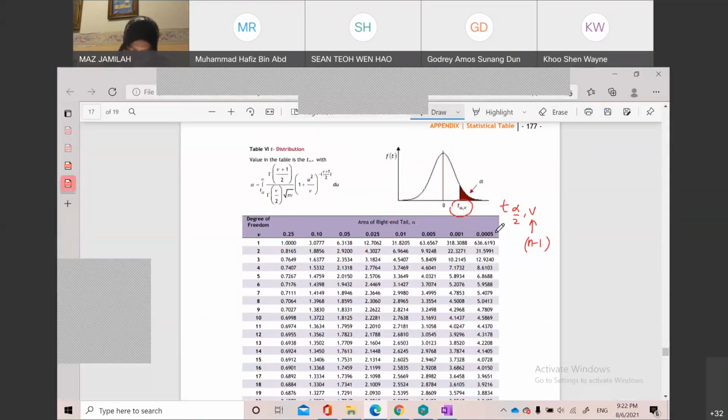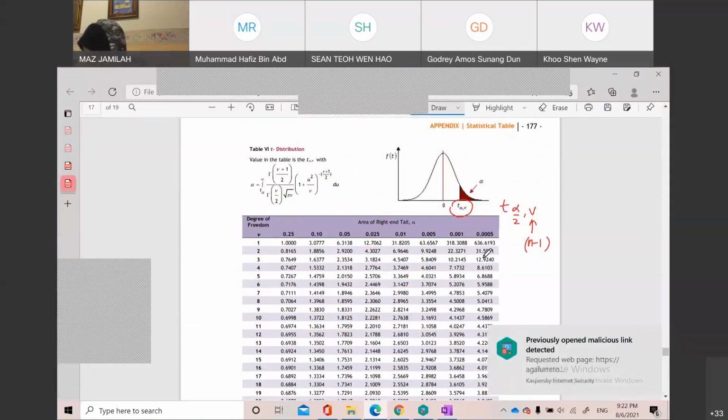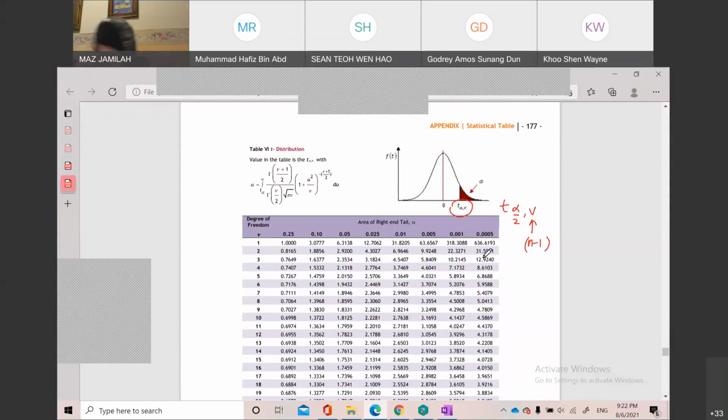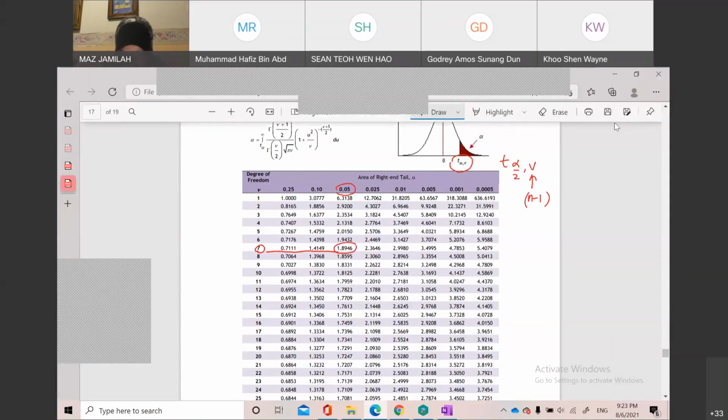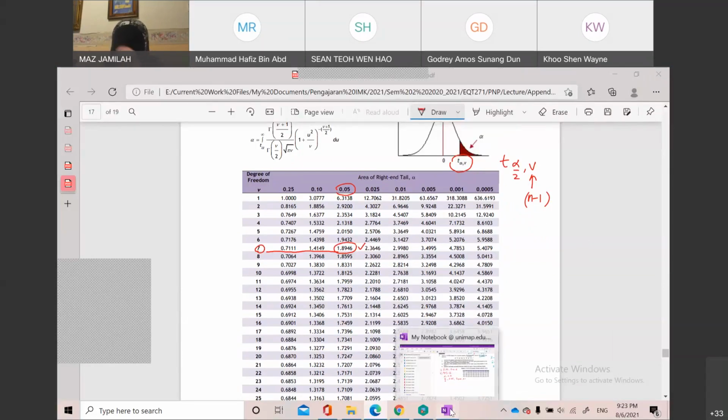T 0.05, v equal to 7. So your critical value is 1.8946. Clear, everyone? So 1.8946 using the T distribution.